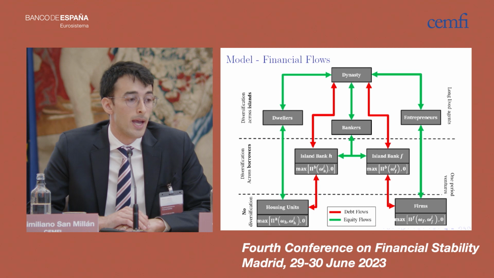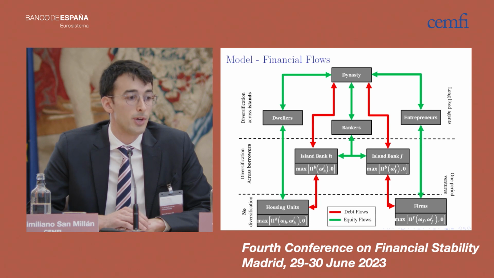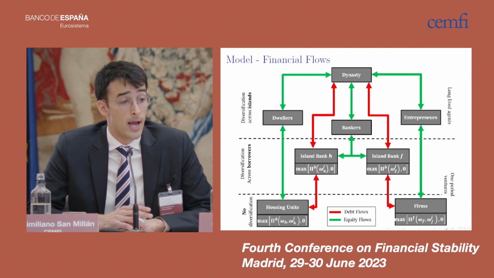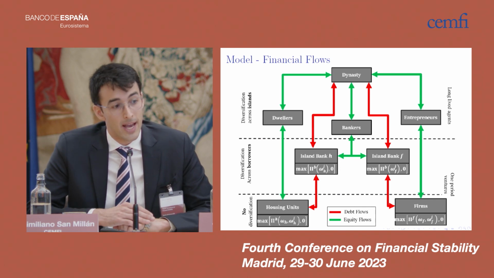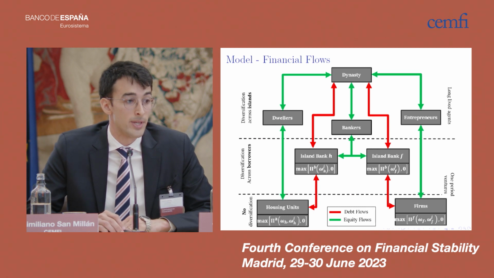non-diversifiable risk. The metaphor that is used in this literature is to describe this economy as one in which there are islands, and in each of these islands we have banks, and they can diversify across the borrowers in their island, but they cannot diversify away the island-specific risk factors.